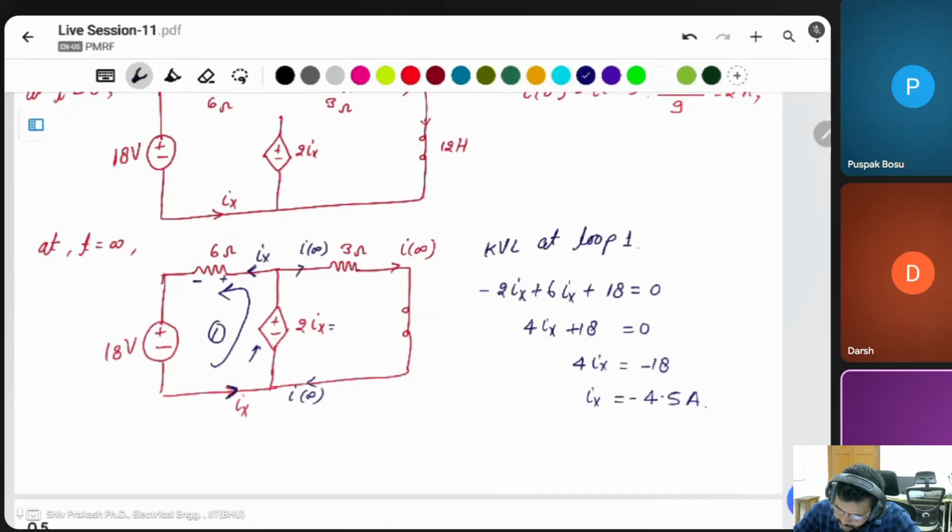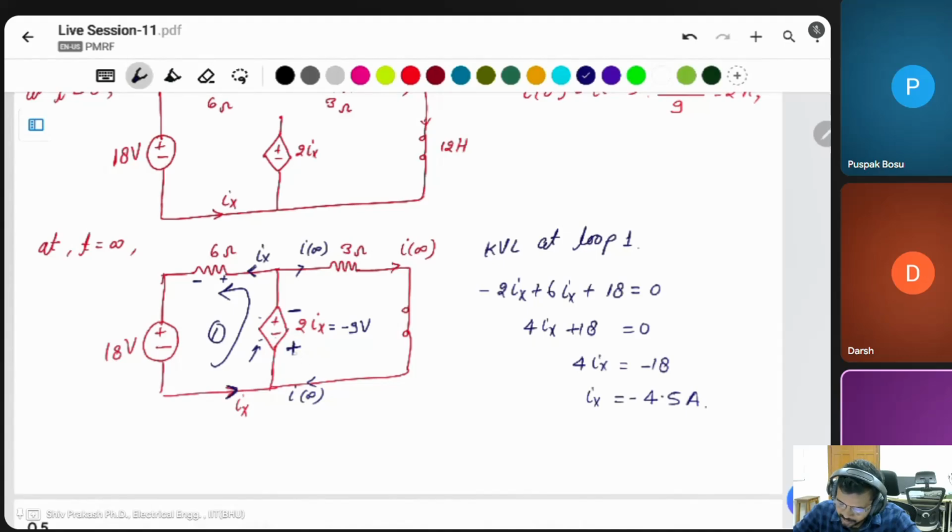Minus 4.5 into 2 is minus 9 volt. The polarity was given as minus here and plus there, but the actual value is minus 9. It means this is positive and this is negative. Oh, sorry, this will be reversed: this is the negative and this is the positive.